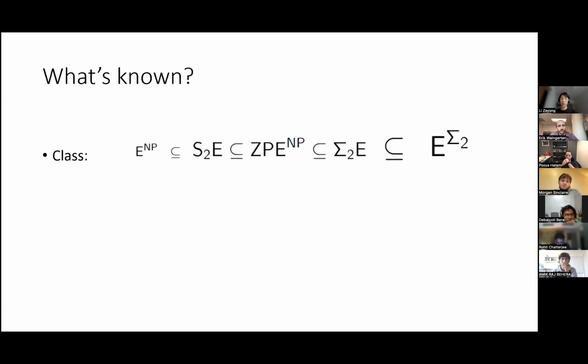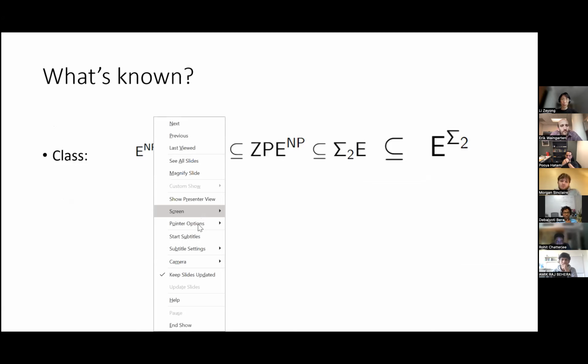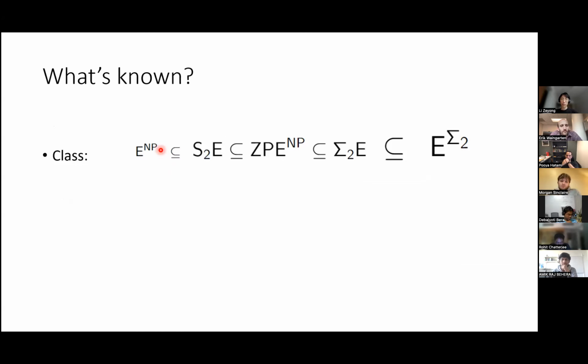And if we are happy to relax the requirement on the size of the circuit lower bound, we know a little bit more. Over here, I have a list of complexity classes sorted from small to large. On the left, we have E to the NP, which is the exponential version of P to the NP, so an algorithm equipped with an NP oracle.